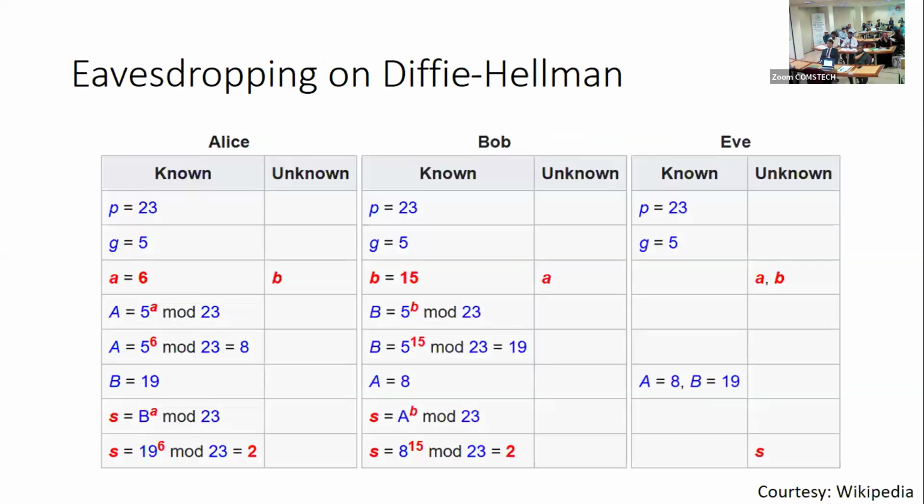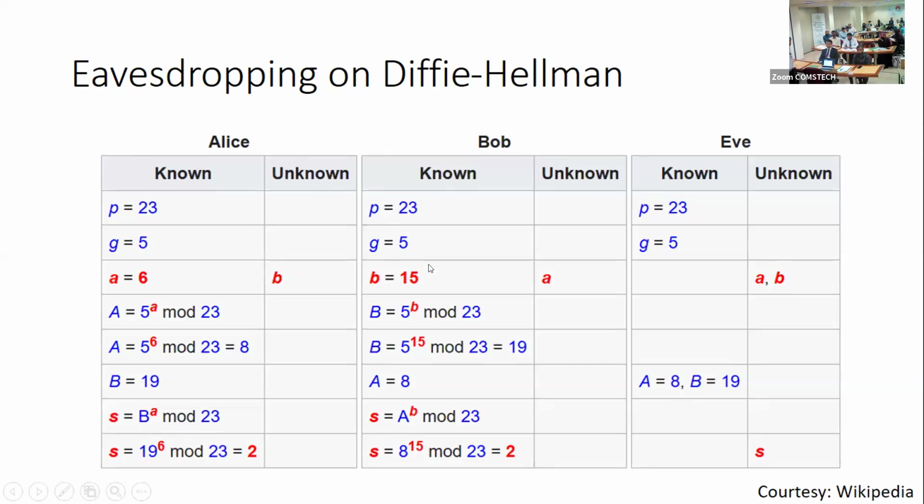Okay, now in this table, I'm going to show what Alice has and what Bob has, what Alice does not have, what Bob does not have, and what Eve does not have. In the start, when they decided about P and G, all three, Alice, Bob, and Eve, have that because they communicated, and Eve is listening to the communication channel. But when Alice picked a, Bob did not have a, and Eve also did not have a.